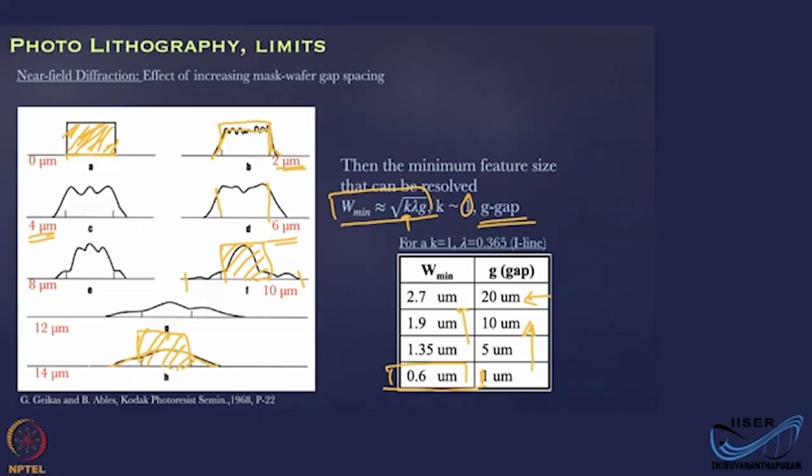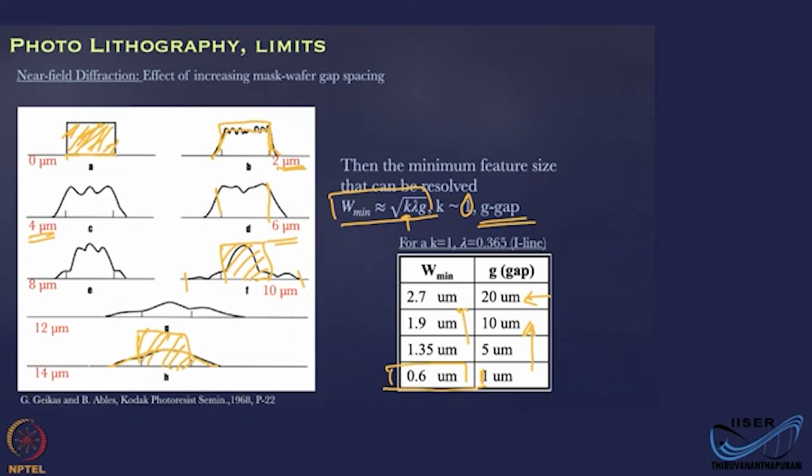So in the soft contact mode or proximity mode, your resolution is severely affected by the near field diffraction, and the best you can get, as I discussed in the previous slide, is a couple of micrometers. It is not completely limited by the wavelength. It is actually limited by the near field diffraction effects.